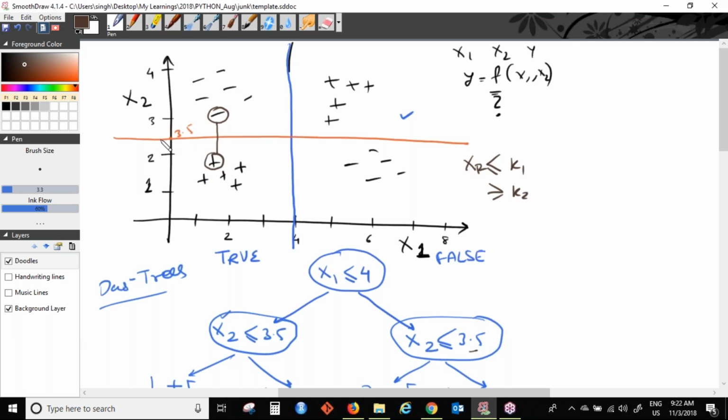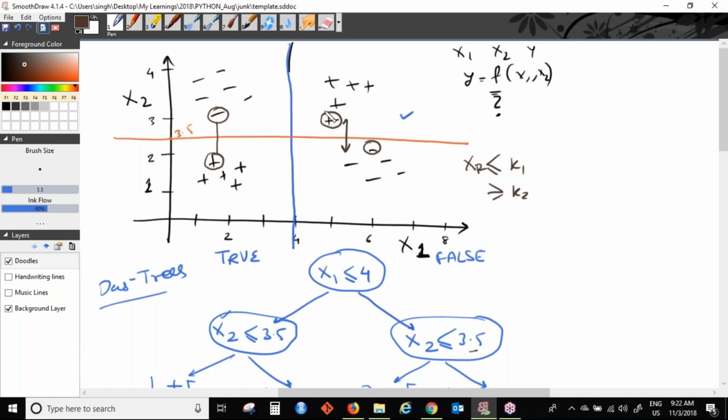The midpoint is coming around here. Similarly, here also, this is the positive, this is the negative. So this is the total distance between them, and you take the midpoint, which is 3.5. Is that okay, Shinoj?